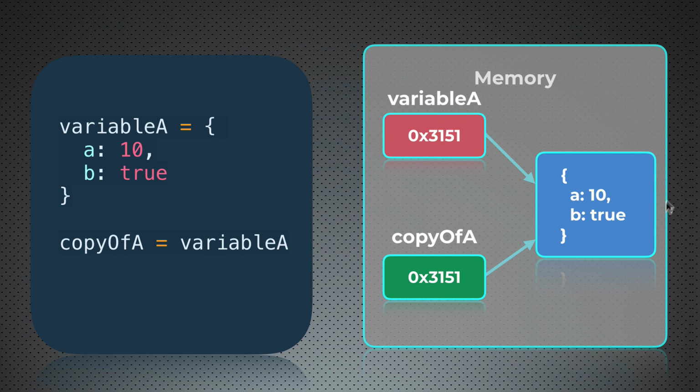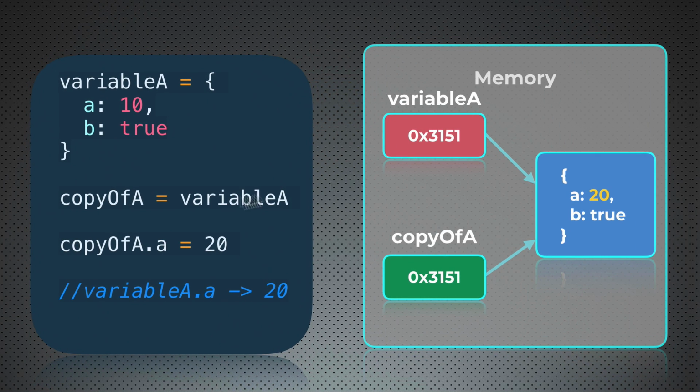And now let's see what will happen if I try to change this value in the memory. I can do that in such a way: copy of a.a equal to 20. Please don't focus on the syntax now. The purpose of this example is to show you what happens in the memory when you perform actions with values of reference type, that is object.